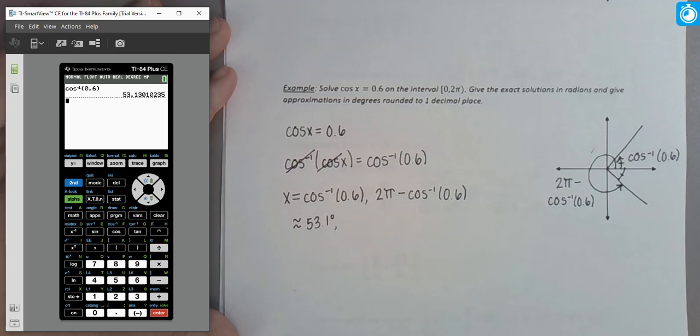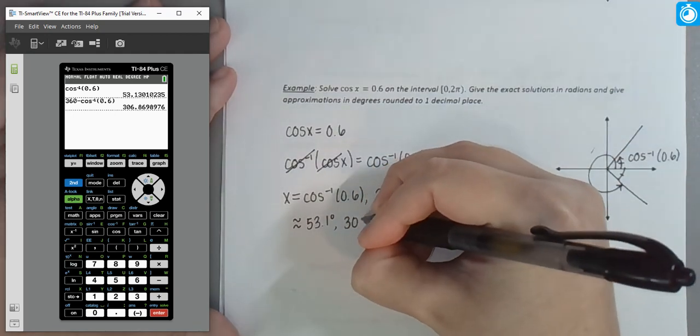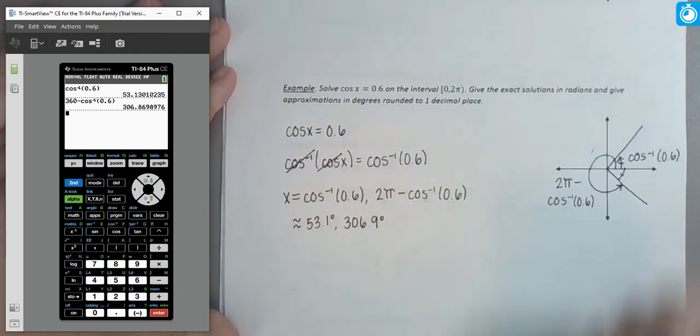What about the next one? Well, 2 pi is in terms of radians, so if we're talking about degrees, 1 full rotation is 360 degrees. So 360 degrees minus inverse cosine of 0.6. We plug that in, and the approximation is 306.9 degrees. So just like with the previous problem, we can check this.